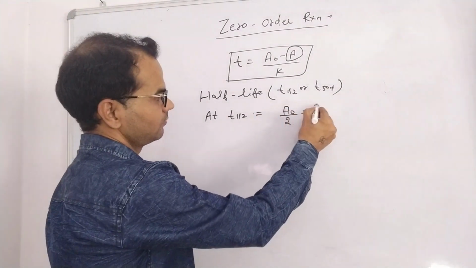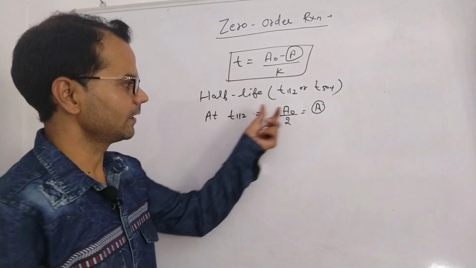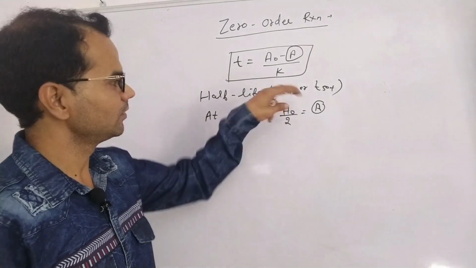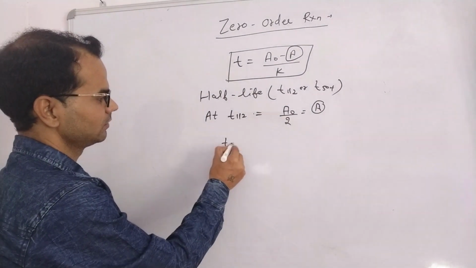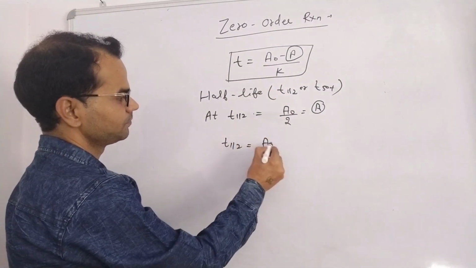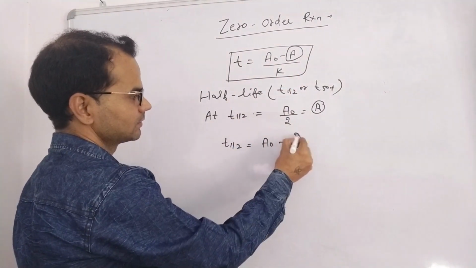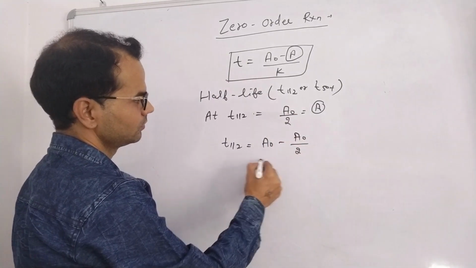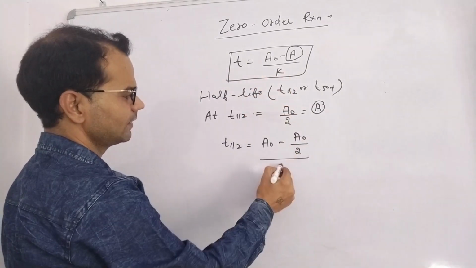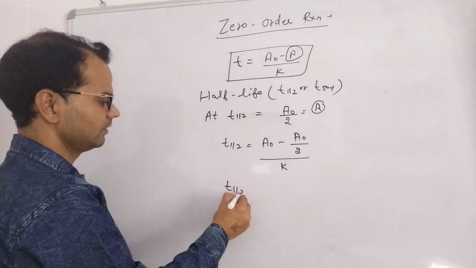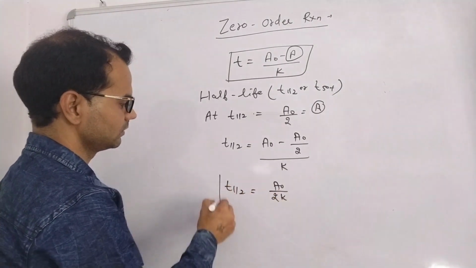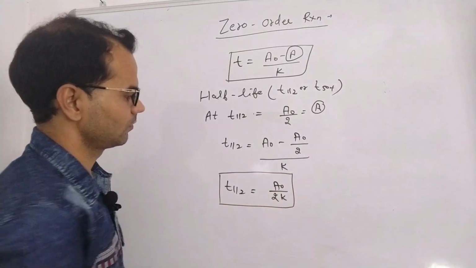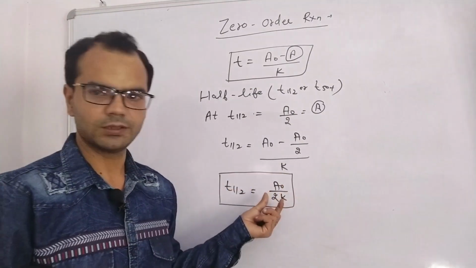So A equal to A0 by 2. We can put the value of A0 by 2. So equation will be t half equal to A0 minus A0 by 2, divided by K. So t half will be here A0 by 2K.